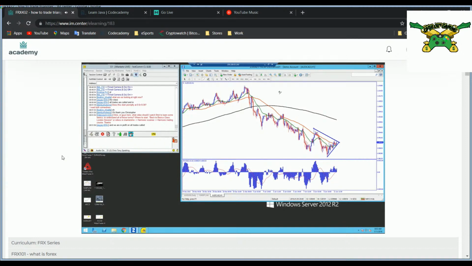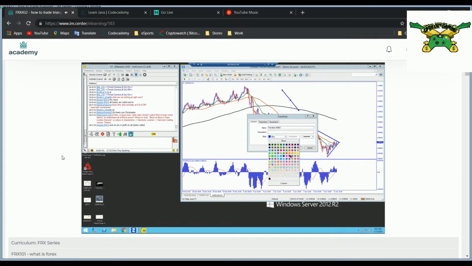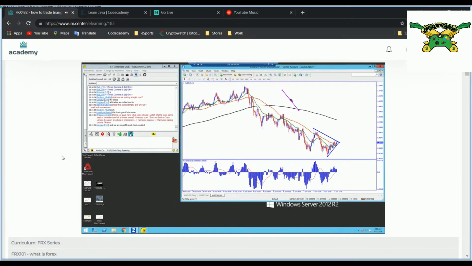So if we were to take, let's just say the market goes down, and we're going to draw it in pink. So we'll do something like that. Okay, one, you got this, then you got this.